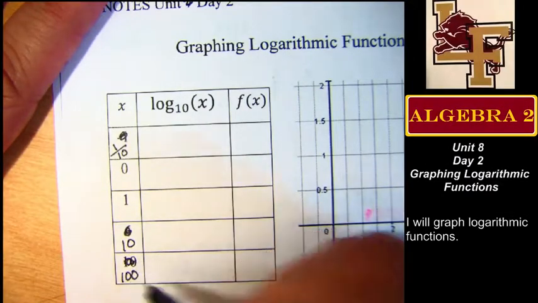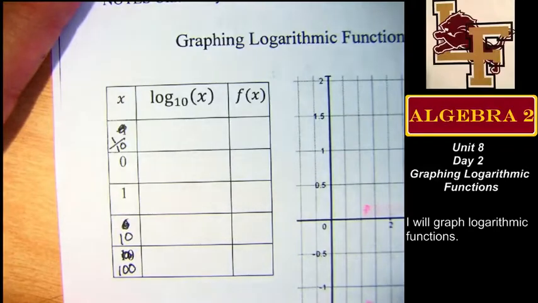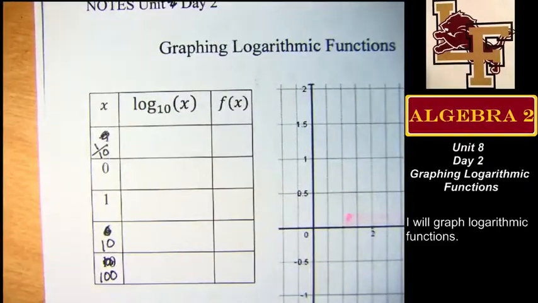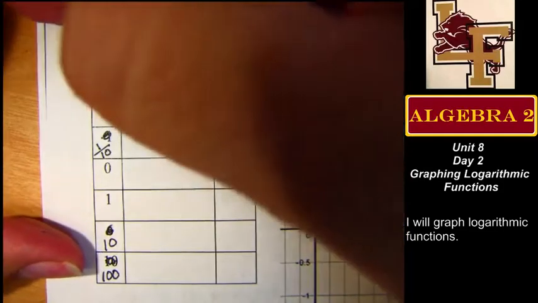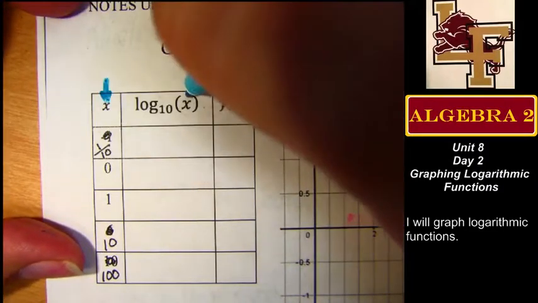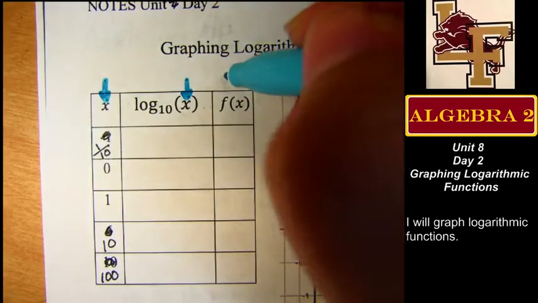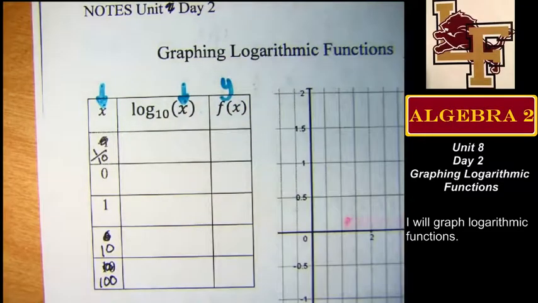Change this to 100. So now what we're doing here is this x here is going in here, and then f of x is going to be taking the place of our y.